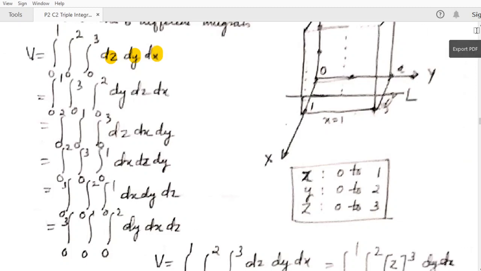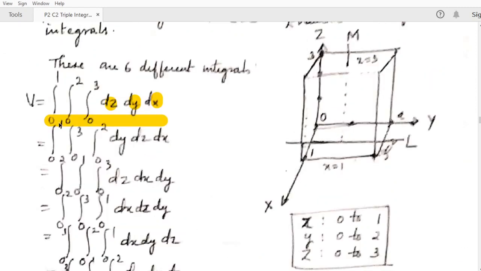So we have to find the limits in this particular order. When we are considering this formula, first we have to find the limit of the variable z, then the limit of y, and then the limit of x here.